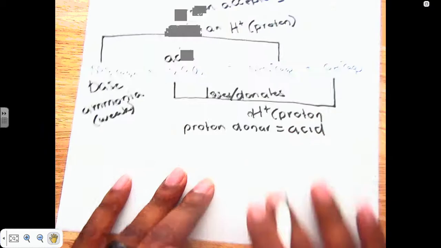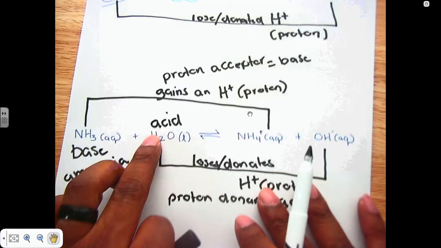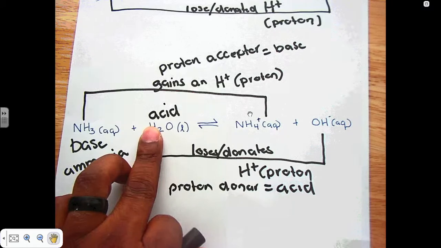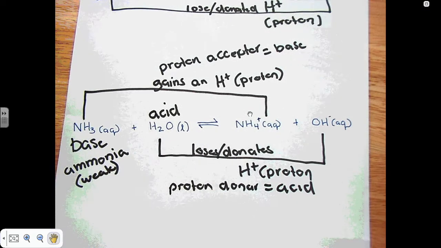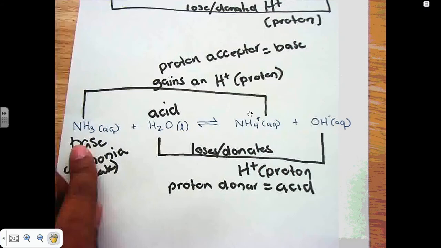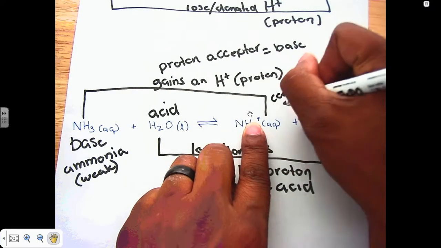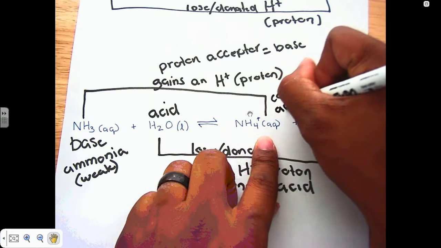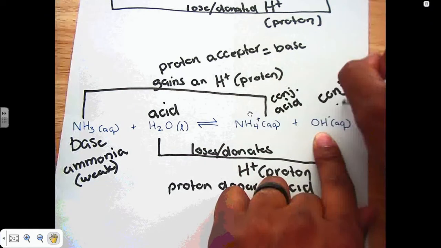Now remember, I said in the other one, the water acted as a base. In this one, the water acts as an acid. And so we identified the base and the acid, and now we have to just identify their conjugates. Well, if this is a base, that makes the conjugate in this case automatically a conjugate acid, and it makes this one a conjugate base.